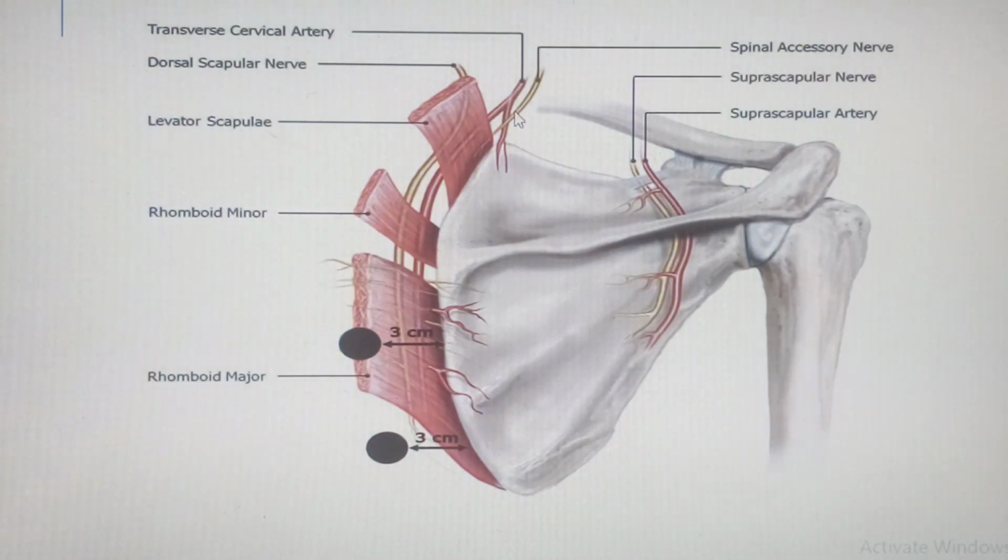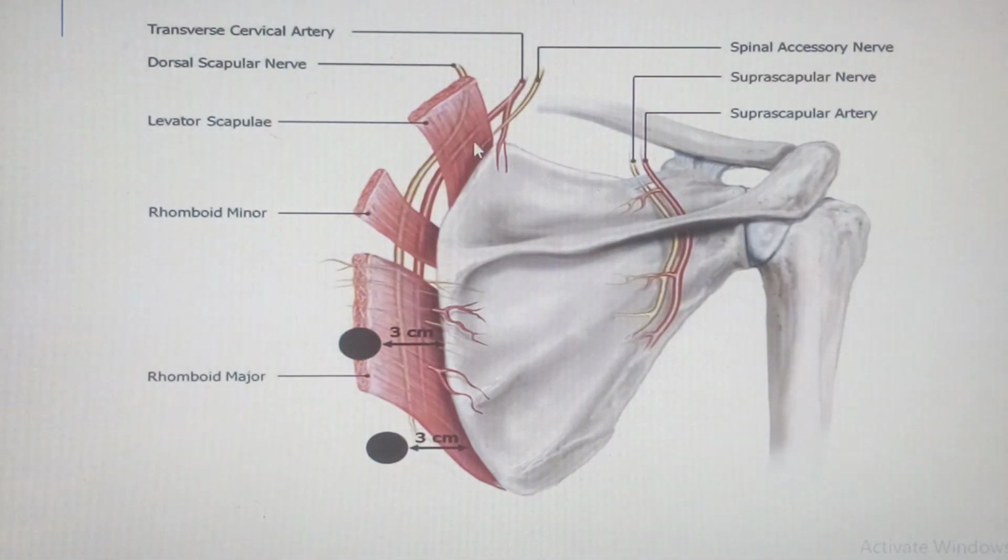Now the reason why we are having this transverse cervical artery is that it's going to have a rich anastomosis with it, so that it will supply these muscles that we find over here. But just to talk about this dorsal scapular artery, we said that it could be coming directly from the deep branch of the transverse cervical artery.